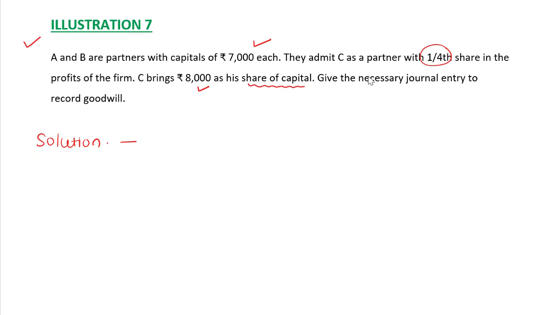C's share is 1/4 and he brings 8000 as his capital. So 8000 multiplied by 4/1, that is the reciprocal, is 32,000, less total capital.